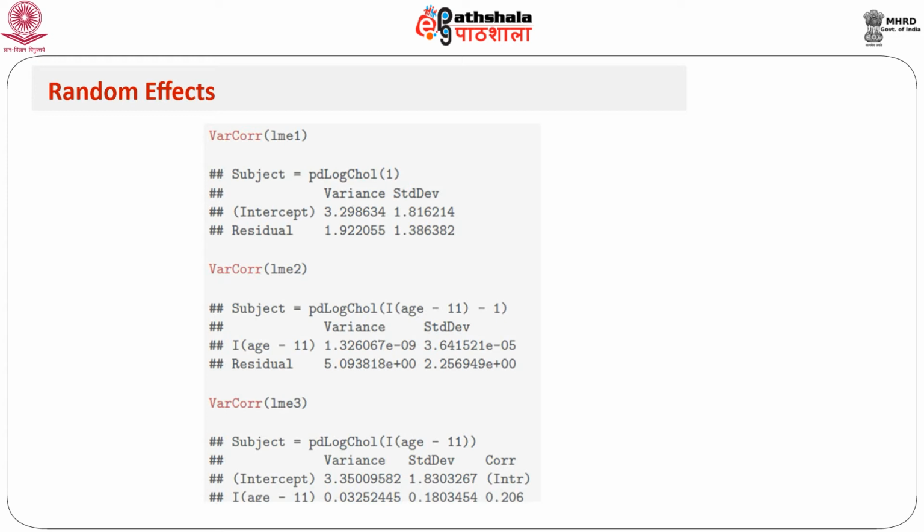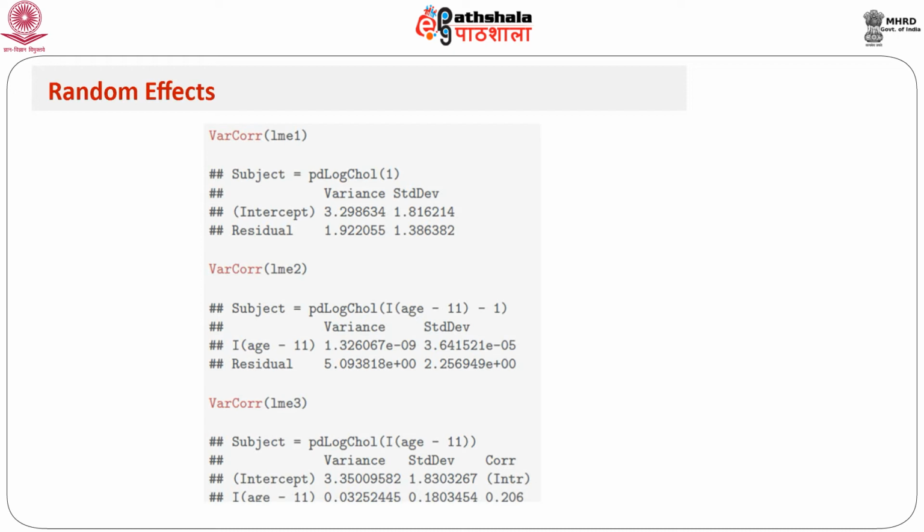For the second model, that is the random slope model, we expect randomness at the slope level. That is why we have I(age - 11), and the variance is extremely small, meaning that there is no variability at the slope level.